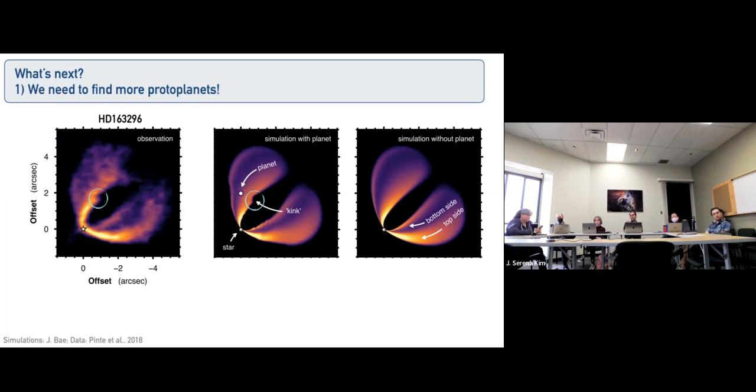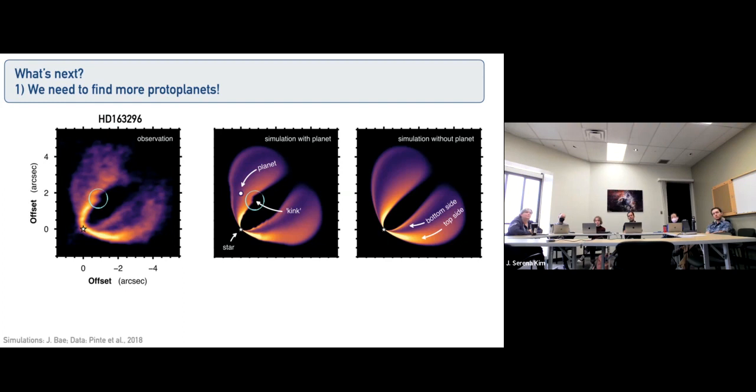This kink has been detected on several independent data sets and on different molecules, indicating that it's a physical feature that spans different altitudes within the disk. CO probes the outermost disk layers, 13CO, for example, probes the midplane, and the fact that we see it in multiple molecules really means that it's a physical feature of the disk.